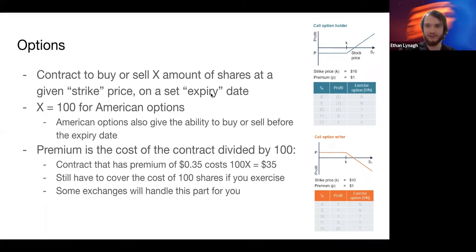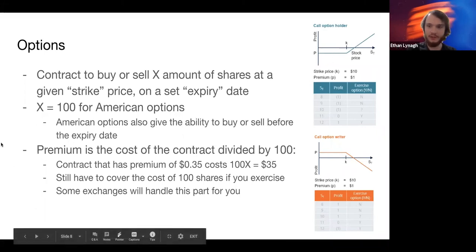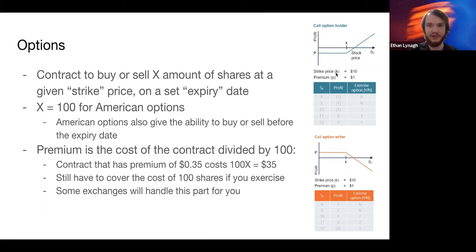But as you can see on the right, this is kind of an outline of the cost of different options. You have a call option on the top. A call option is a contract to buy a certain amount of shares at a given price. So if the strike price is $10 and the premium is $1, as the share goes above $10, the premium in theory should go up in tandem with the price increasing.